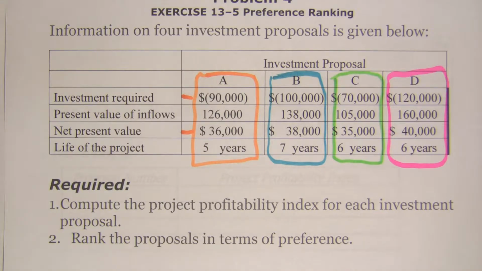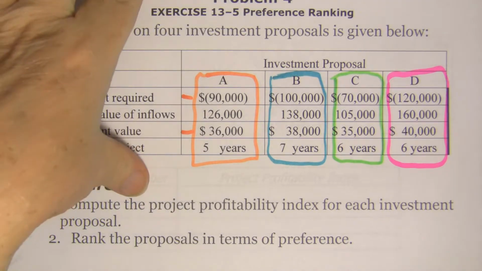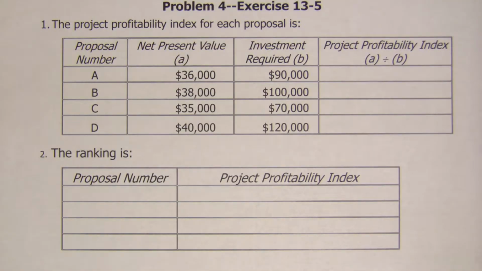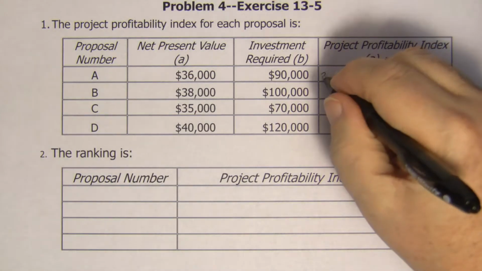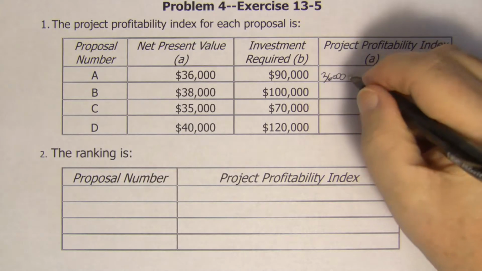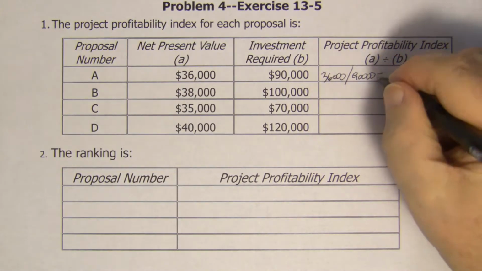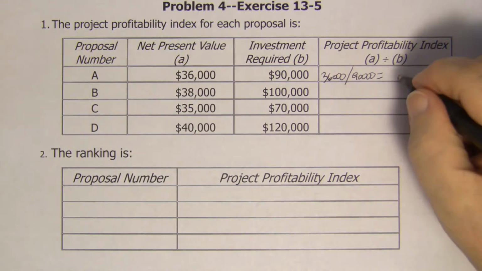Compare as in divide. So we're going to take 36,000, divide it by 90,000, and we come up with 0.40.